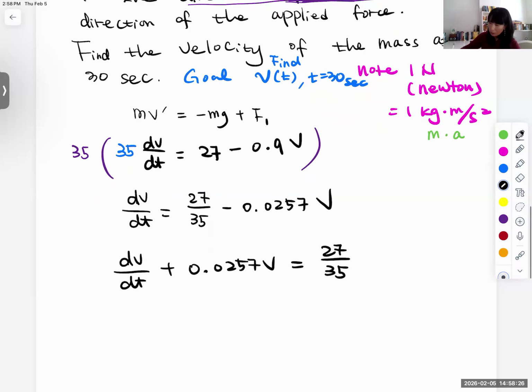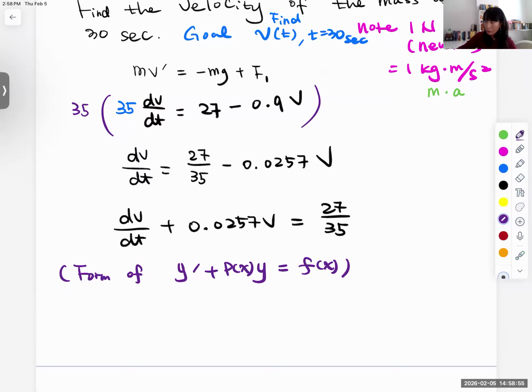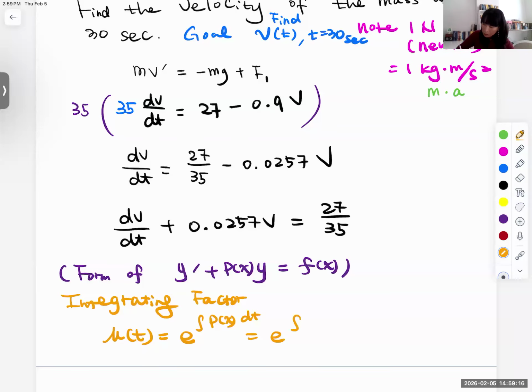Let me write down the form: y prime plus a polynomial in x times y equal to f of x, a function. Then we use the integrating factor mu of t equal to e to the integral of that polynomial dt. In this case, this is a constant polynomial, point zero, oops, not like that.